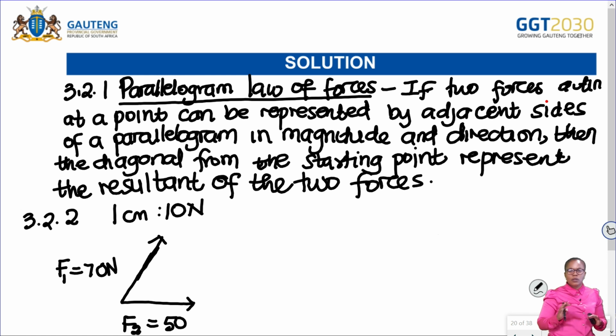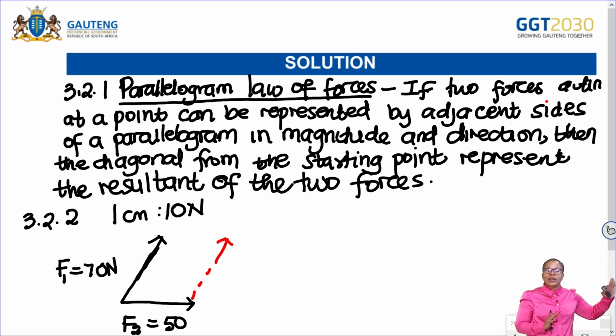So you therefore complete your parallelogram. I'm going to use a different pen. You complete your parallelogram, making this side equal to that of F1, which is 70 newtons. Therefore, this is portrayed on this side. Now you are not writing because this one is a solid line.